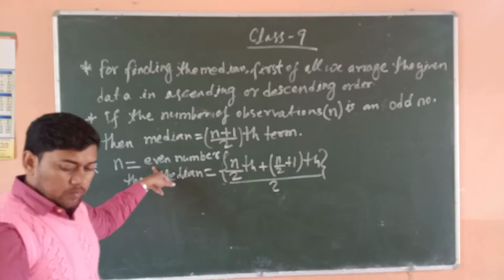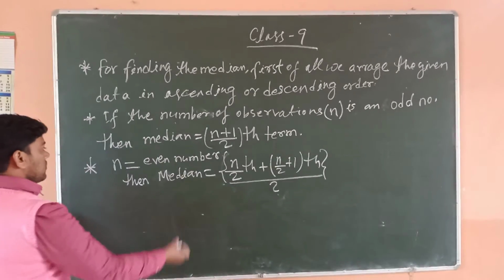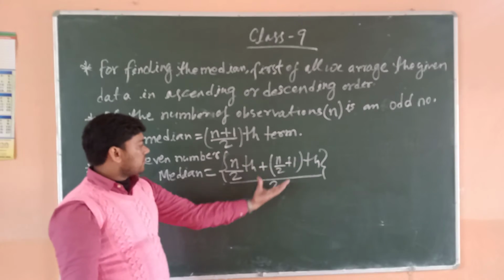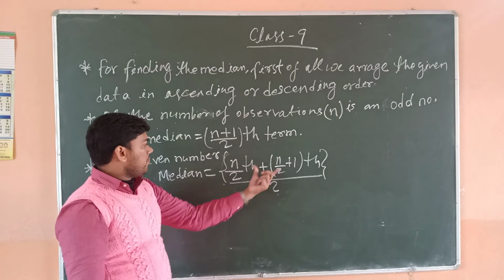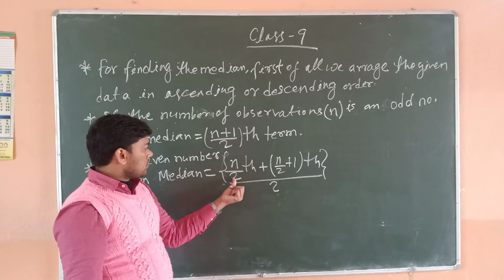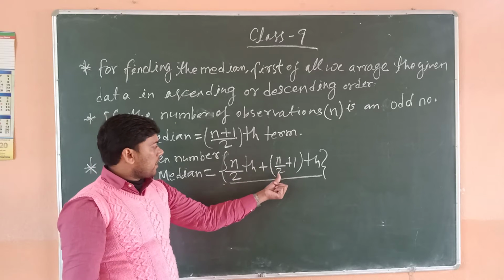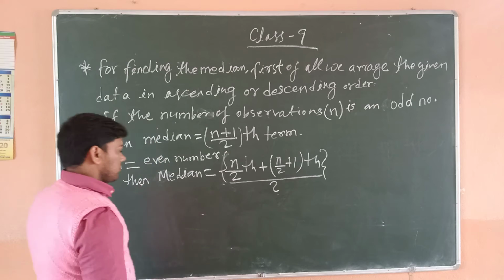That is, if the number of observations n is even, then median is the average or mean of the (n by 2)th term and the (n by 2 plus 1)th term.